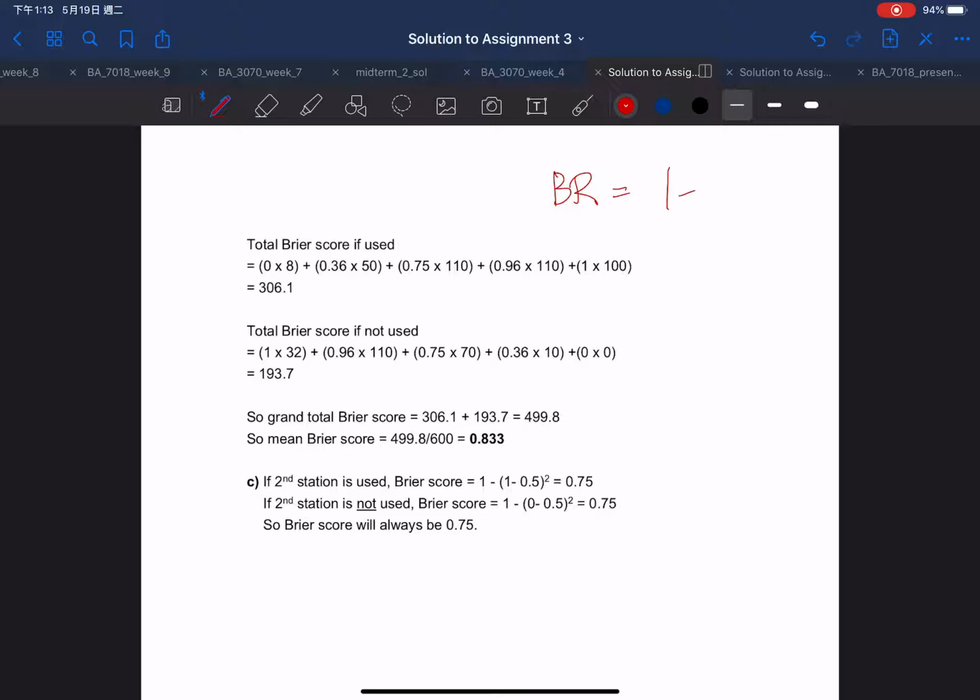1 minus (x minus p) to the power of 2, right? What is x? What is x?